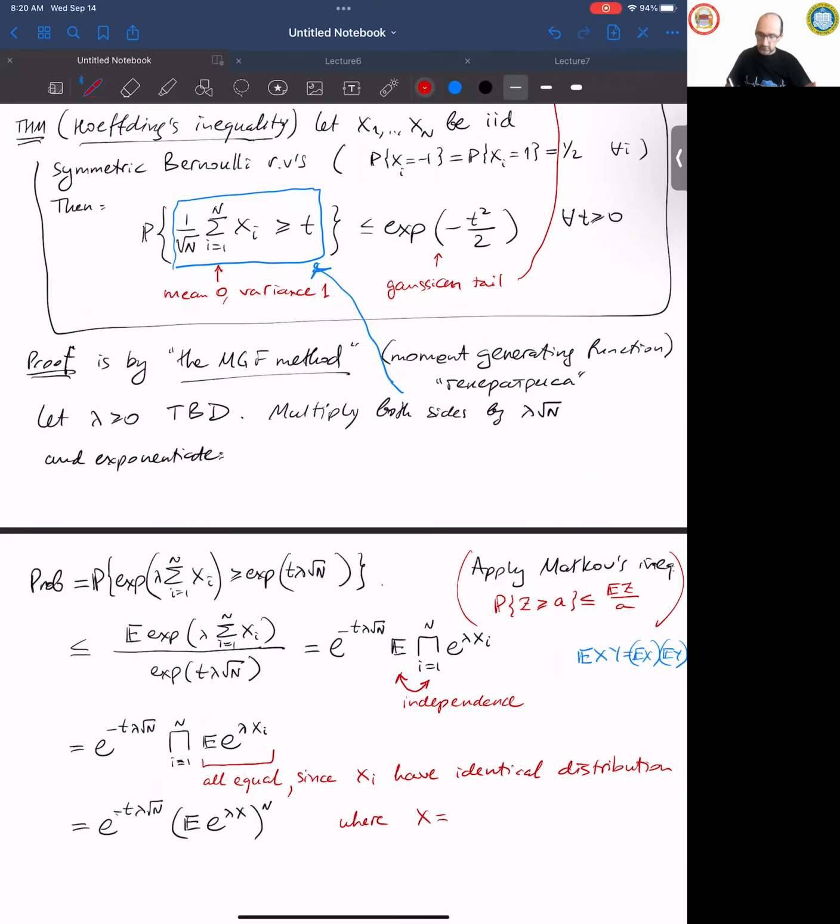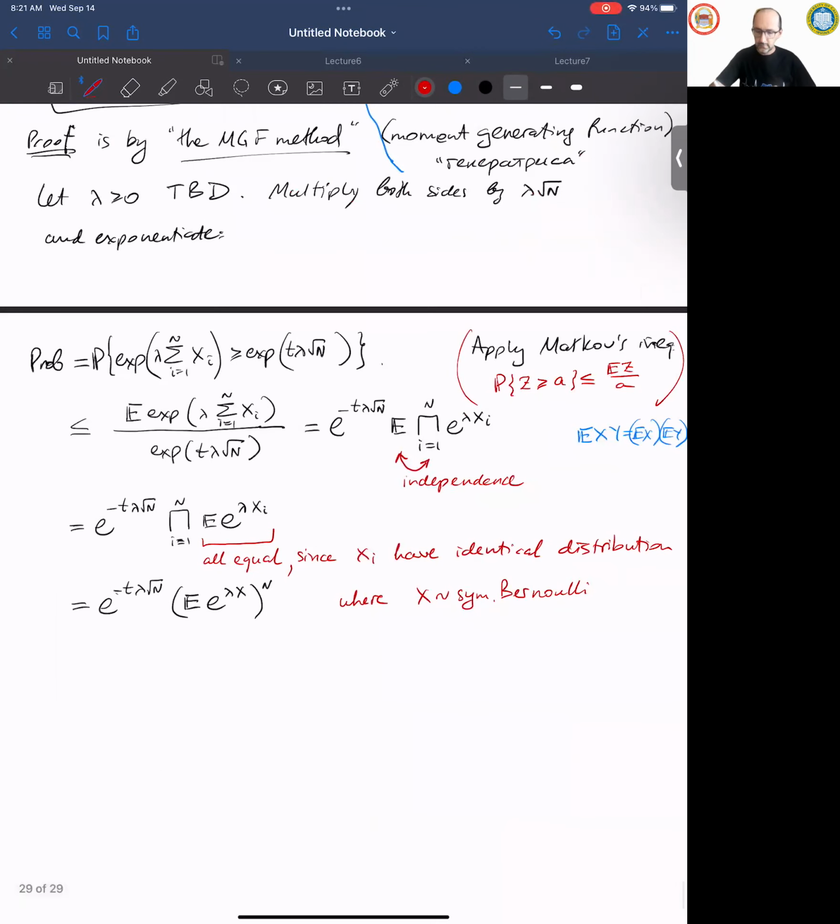Well, x is just like each of the xi, they're symmetric Bernoulli. X is distributed as a symmetric Bernoulli random variable. Okay, good. Now what? What is this called?